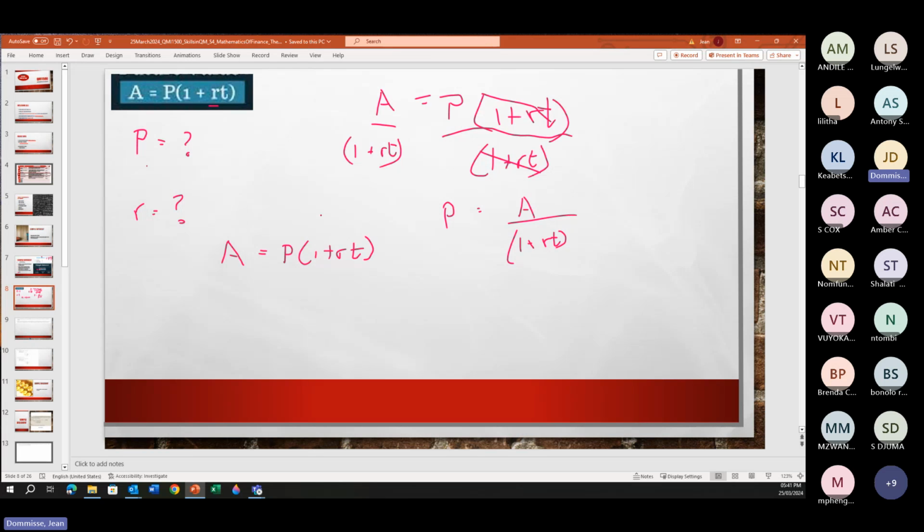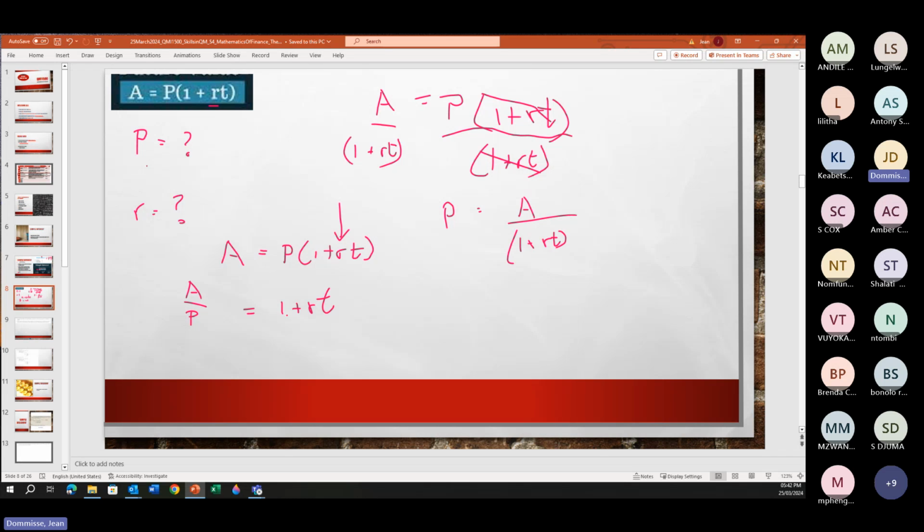I'm just always making a note of what I need to get to. So the first thing I would do is get rid of P. So on both sides, I will need to divide by P. So I've got A over P is then equal to 1 plus RT.